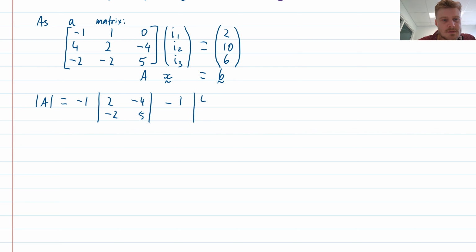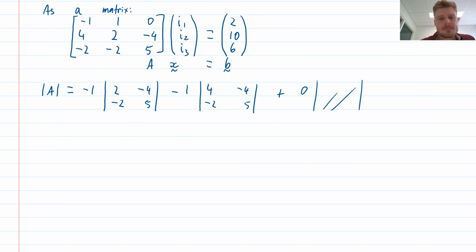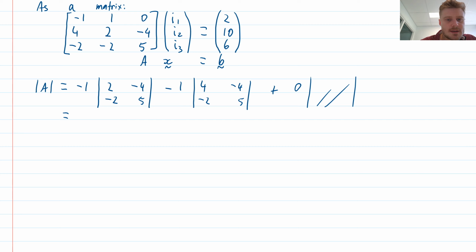So I will just write out what these little subdeterminants are. The next one is a 0, so there'll be some stuff in here, I don't really care. To calculate this, it is minus 1 times the determinant of this, and I'm just going to type this straight into my calculator.